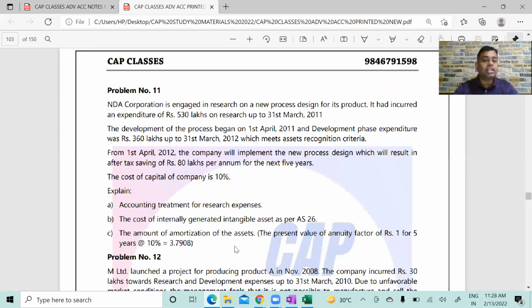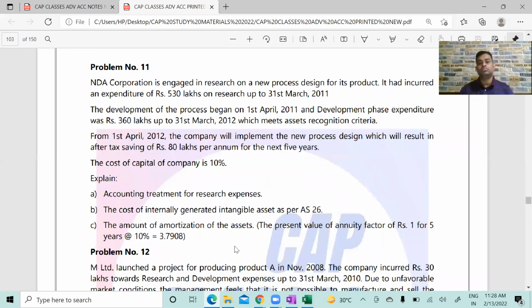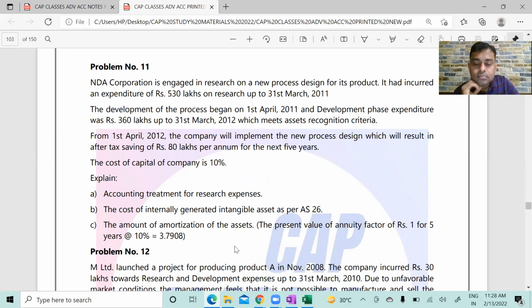Lata, can you read this question, ma? Problem number 11. NDA Corporation is engaged in research on a new process designed for its product. It had incurred an expenditure of rupees 530 lakhs on research up to 31st March 2011.